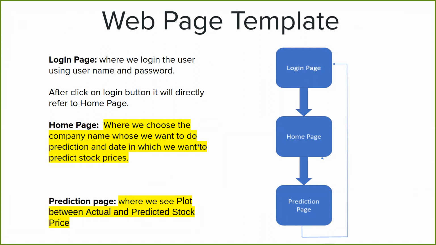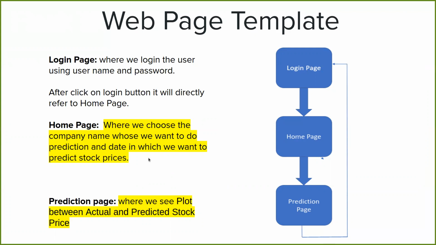When we run the server program, the login page comes first, where we log in using username and password. After clicking the login button, it directly goes to the home page, where we choose the company name for which we want to do prediction and the date on which we want to predict the stock price.